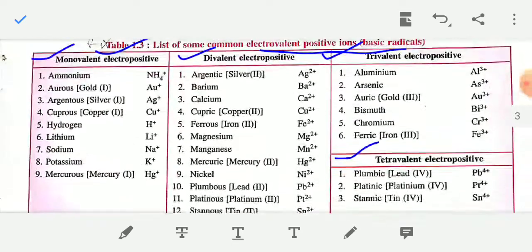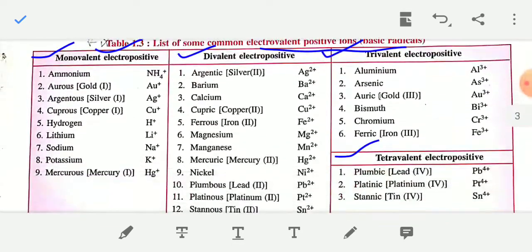Example of each type of radical you have to remember. First, monovalent electropositive radicals. Examples are ammonium, that is NH4 plus. Their names and their formulas, both you have to remember. Very important table.